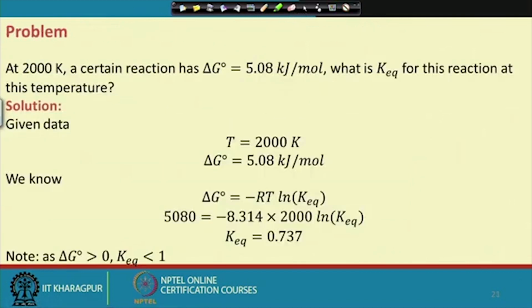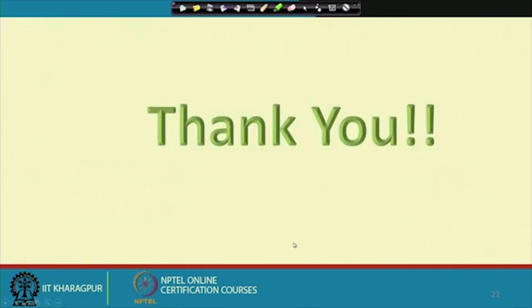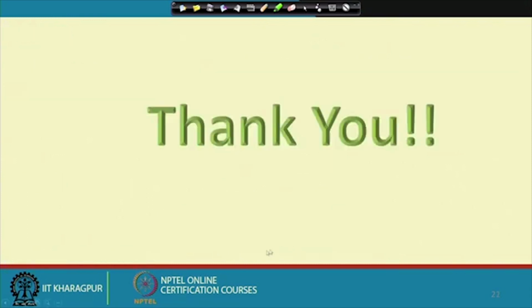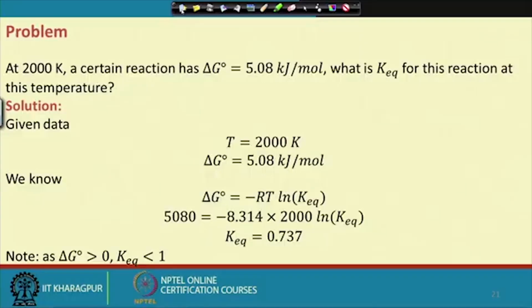So, in this problem, it is clear that K is less than 1, so this should be positive. This is quite relevant to what we told you previously.